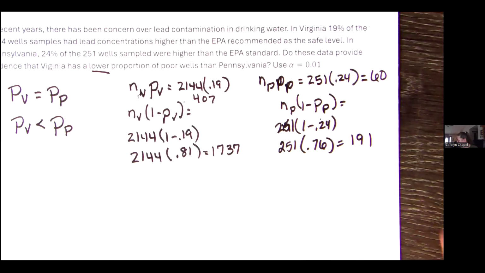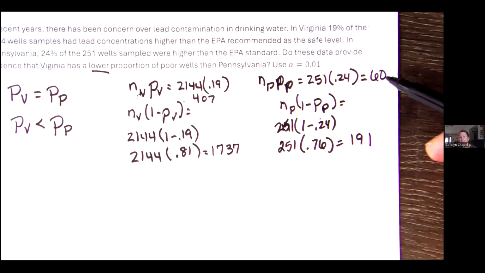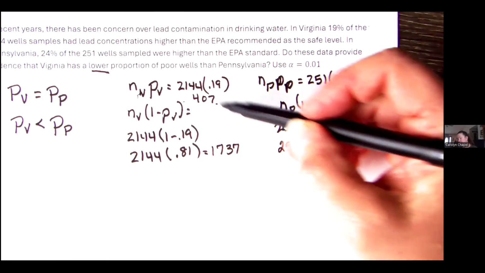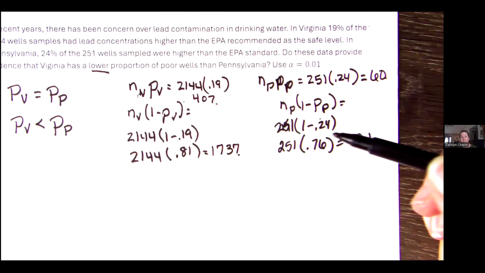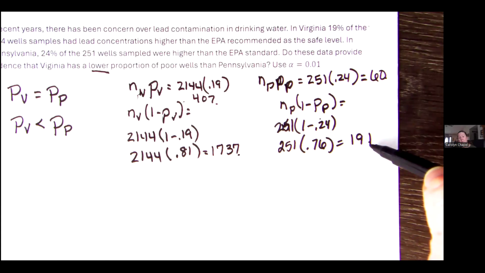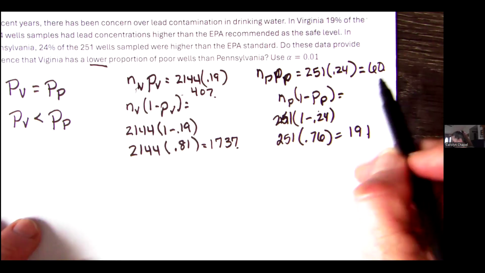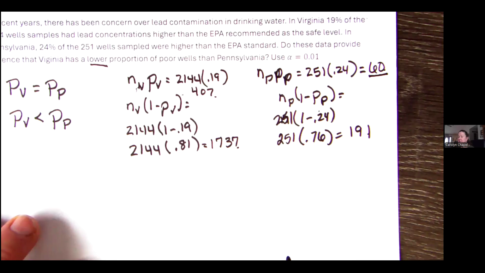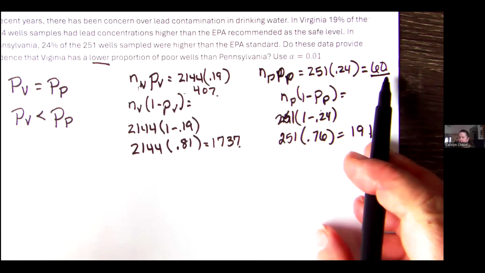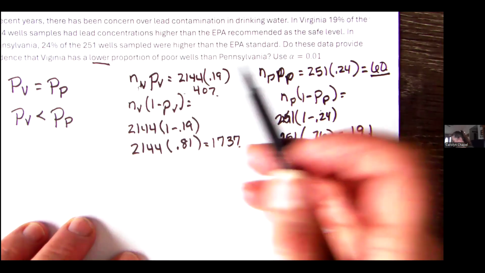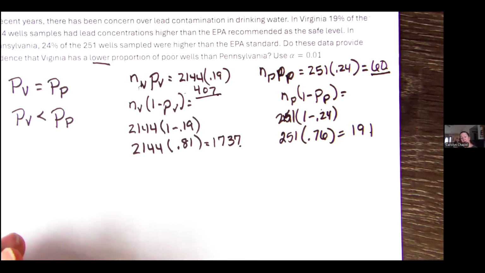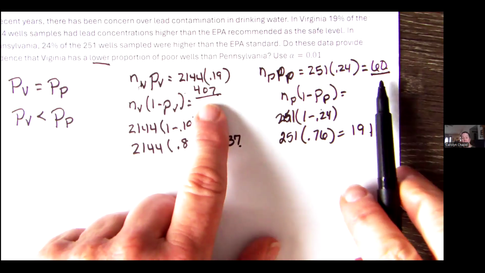You should be able to check a little bit. And adding these guys together, you should get your total. So if I took my 60 plus my 191, I should get my 251 wells. This is the number of successes. So there are 60 wells that weren't good. Here there's 407 wells that weren't good. And this is why you would not compare the numbers.